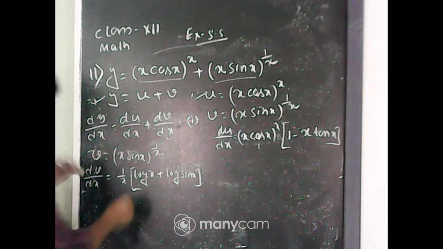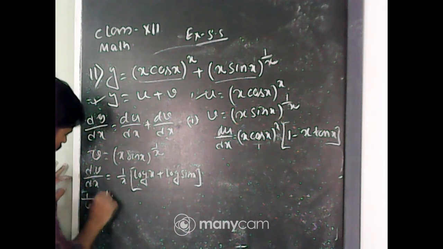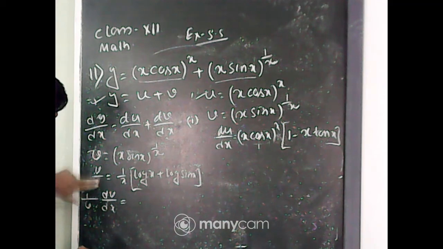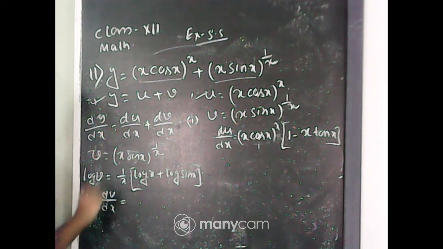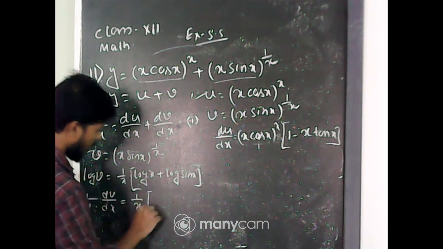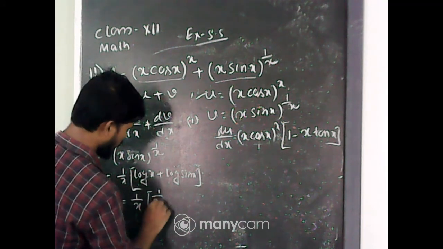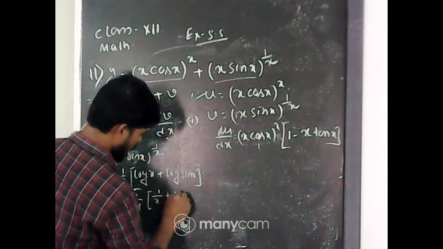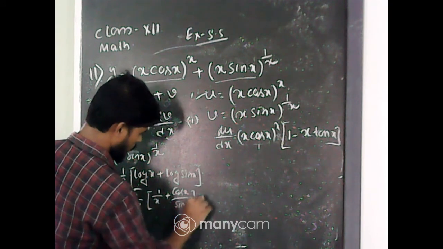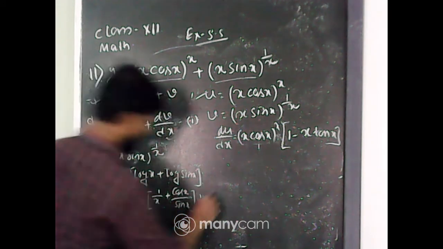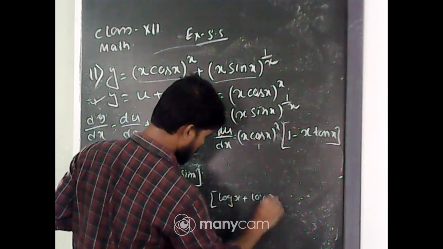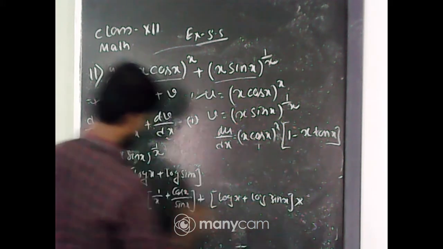So we have 1 by v dv/dx is equal to, first function is fixed and the derivative of the second function, that is 1 by x plus cos x by sin x, plus, now the second function will be fixed, meaning log x plus log of sin x, into the derivative of the first function.